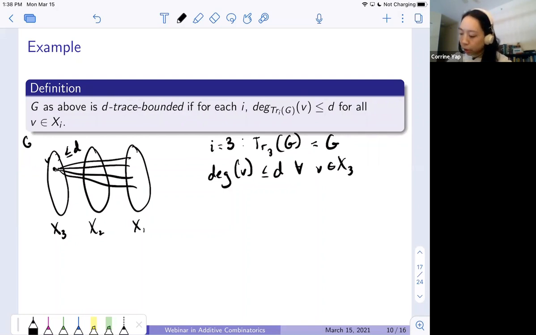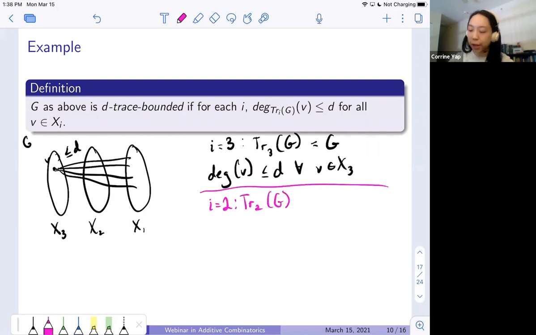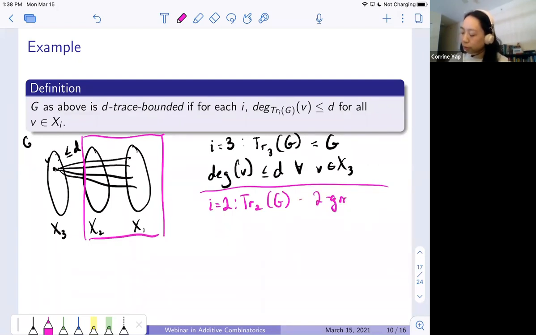Okay. So then let's take a look at what happens when i equals 2. Now, my second trace is going to be restricting all of the edges to here. So my second trace is just a normal old graph, a 2-graph.